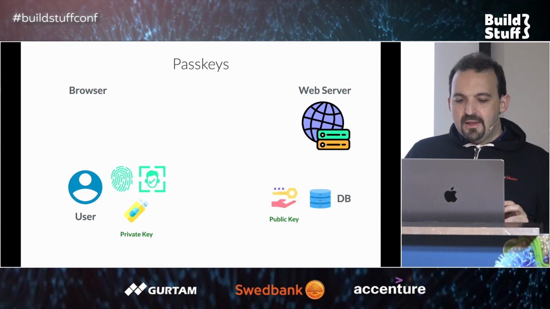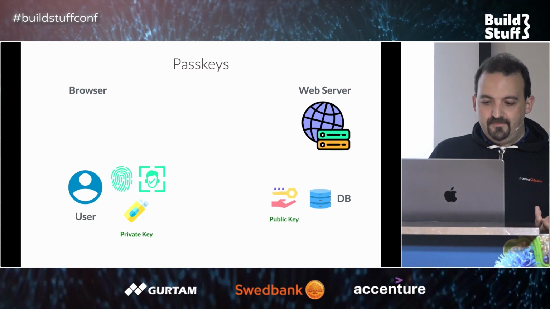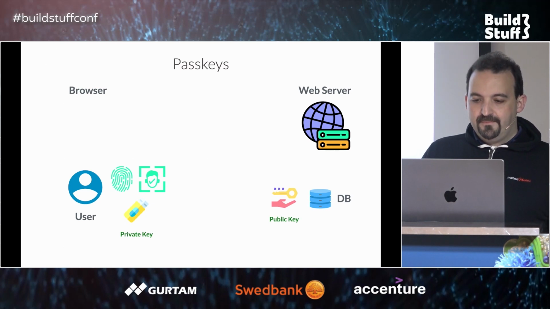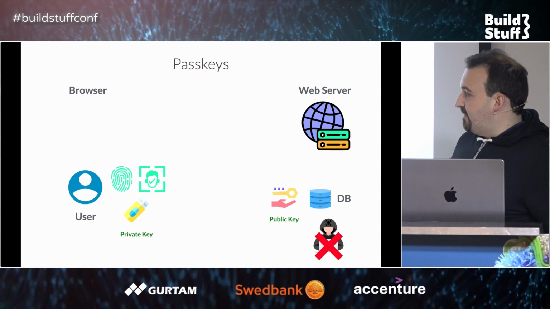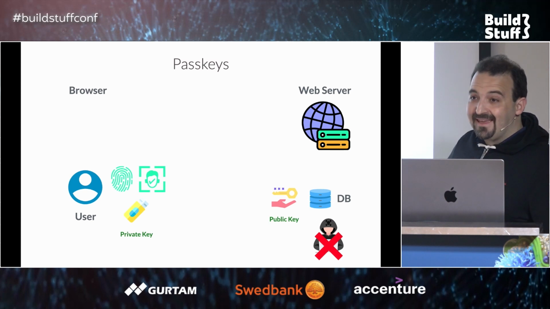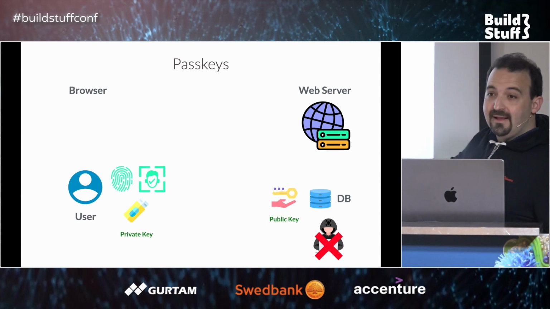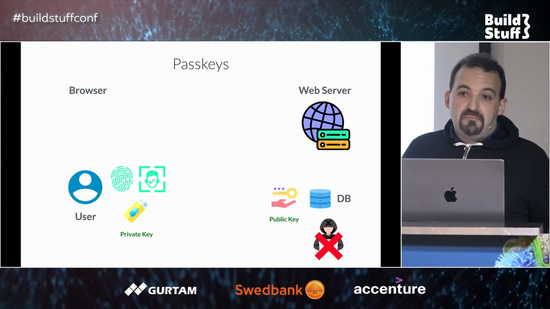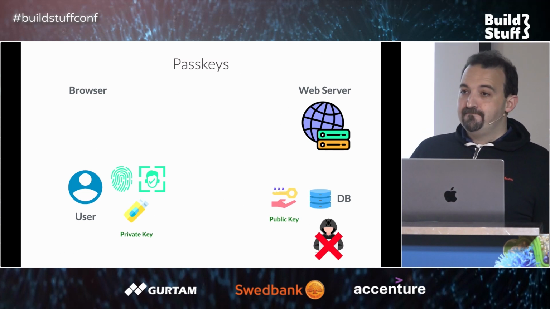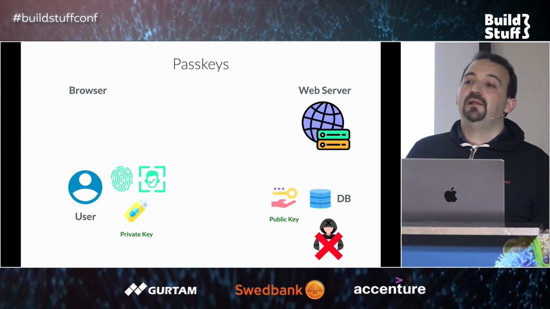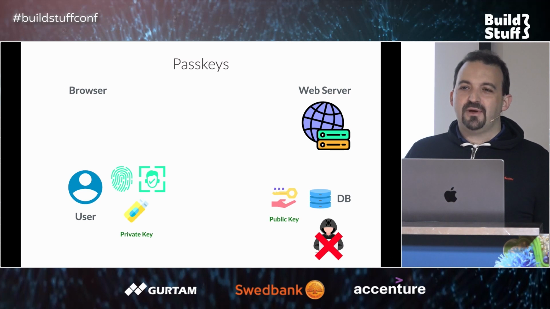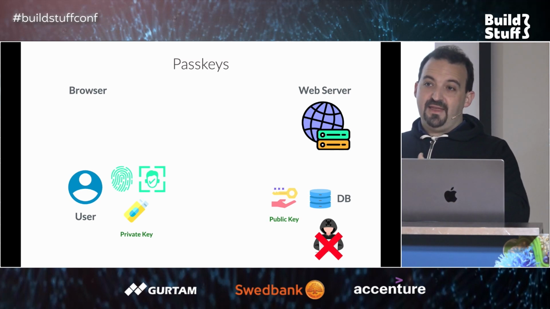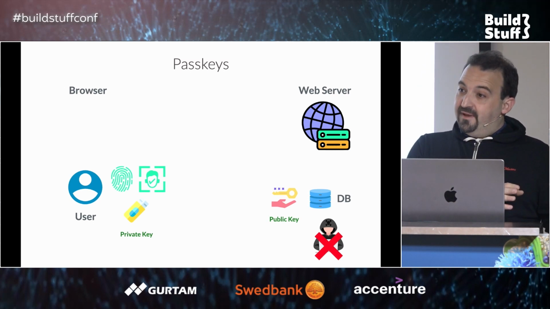So this will solve a couple of problems. If a bad actor in a hoodie is attacking a web server, the only thing that person will get is a list of public keys that are completely useless. And you can say, but what happens if that bad actor creates a phishing website?